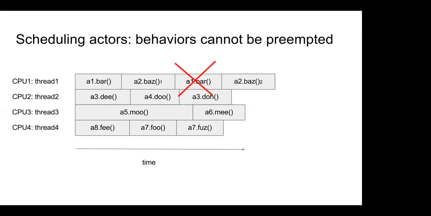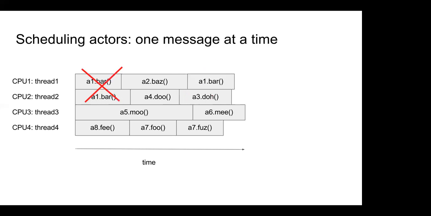Again, you can have other threads running other behaviors at the same time on other actors, but you can't have a behavior execution split apart. The other thing you're not going to have is the same actor running in 2 threads. Actors are the unit of concurrency in Pony, and they're essentially single-threaded. So an actor is only handling one message at a time.